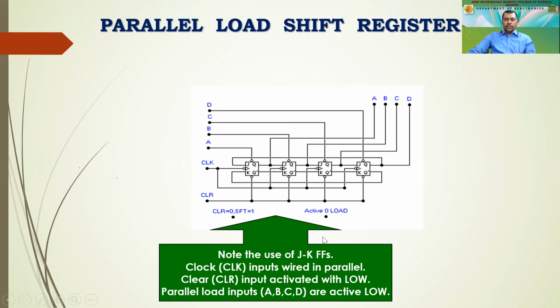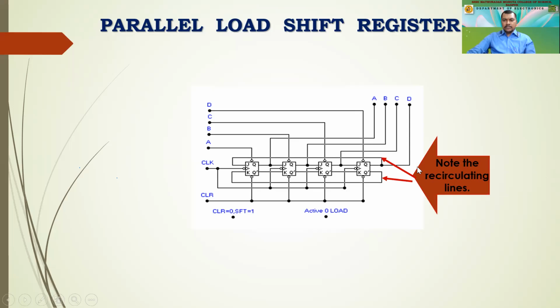Note the circulating lines. Now, this is called the ring counter, where the data is being given and circulated, right?